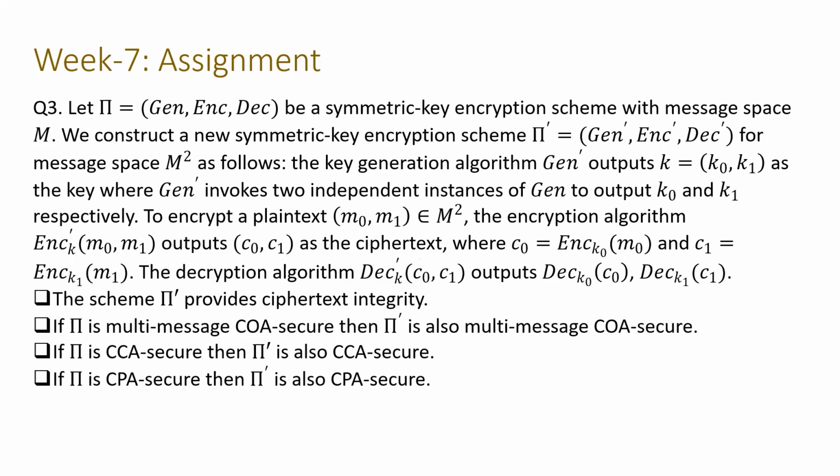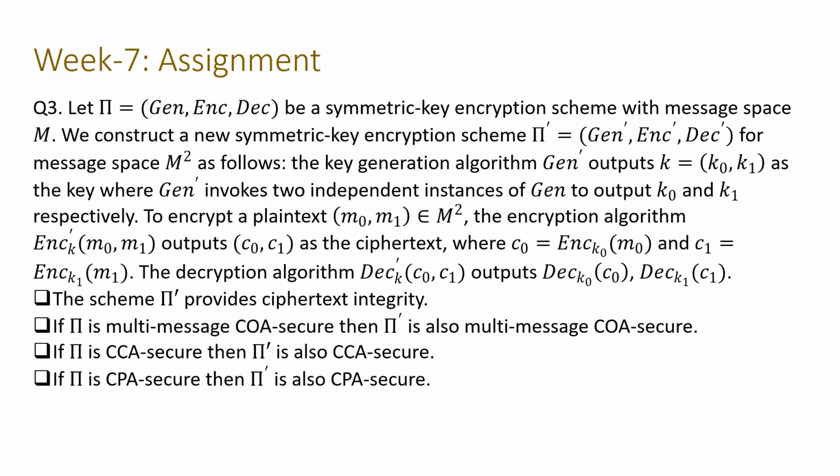Okay. Now, let pi, which consists of three algorithms, Gen, Enc, and Dec, be a symmetric key encryption scheme with message space M. We construct a new symmetric key encryption scheme pi dash, which consists of Gen dash, Enc dash, and Dec dash, for message space M squared, as follows.